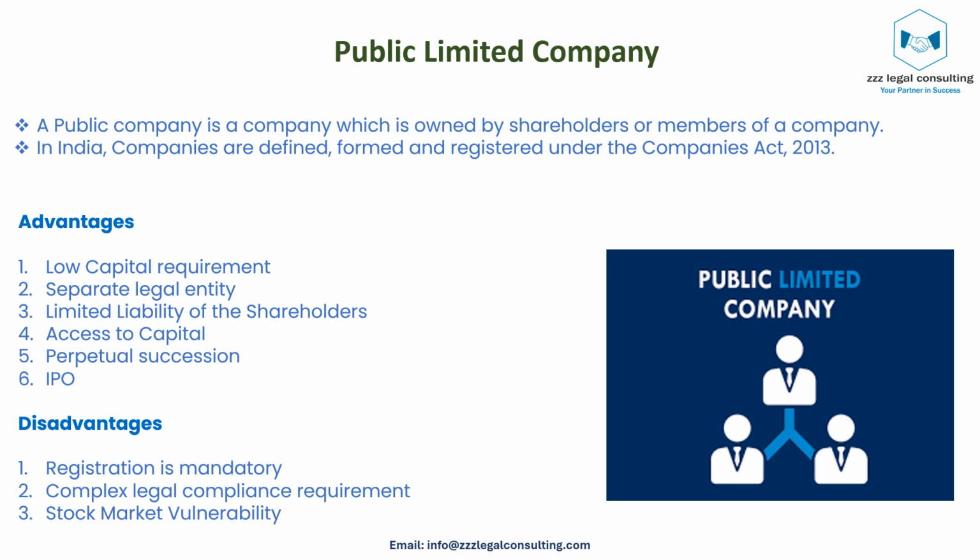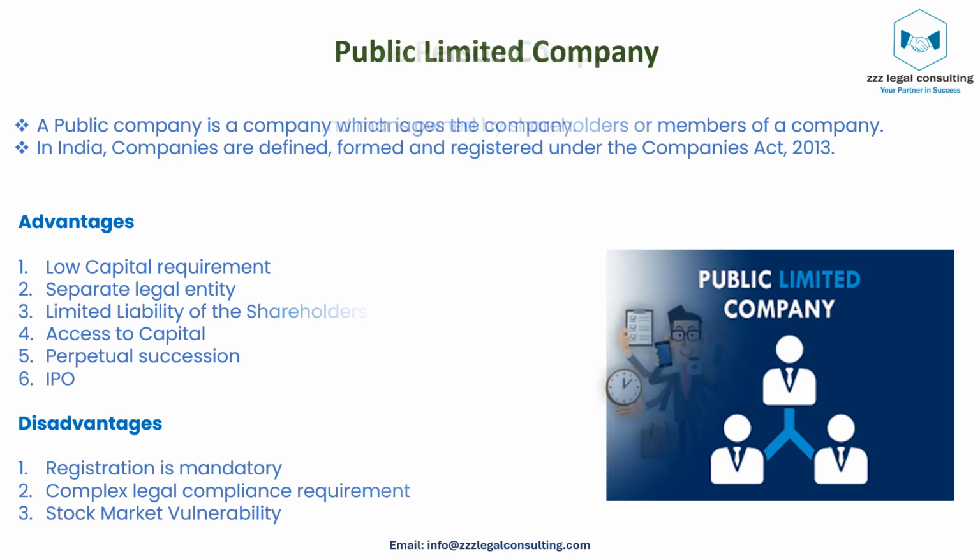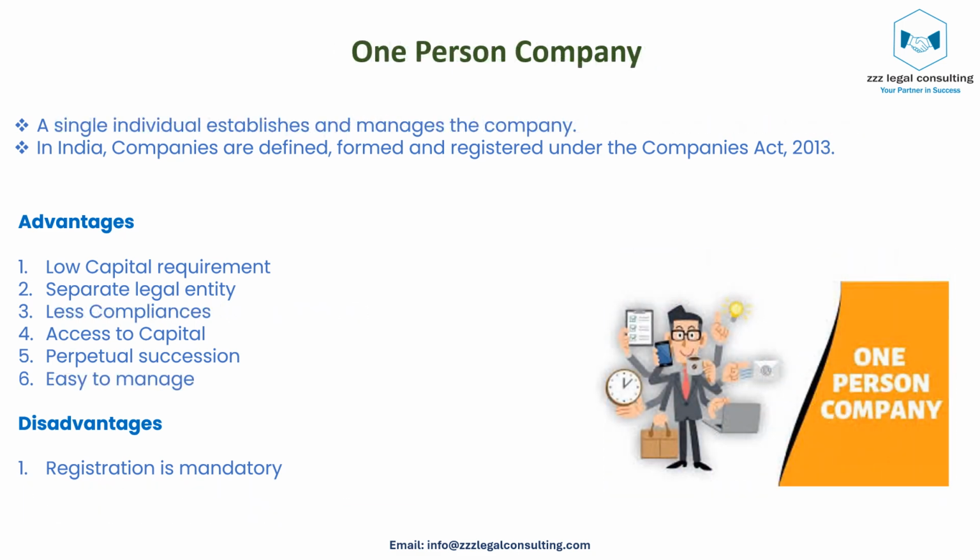Another form of business entity is the one-person company. A single individual establishes and manages the company. In India, companies are defined, formed and registered under the Companies Act 2013, as we have already learned in the private limited company. One can say that this form of business is an upgraded version of sole proprietorship.